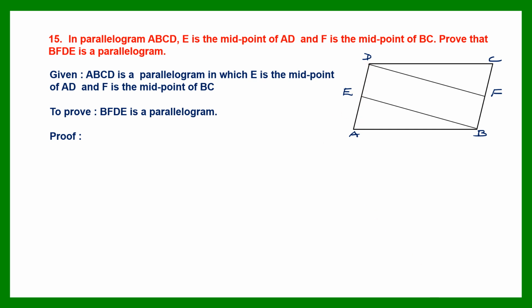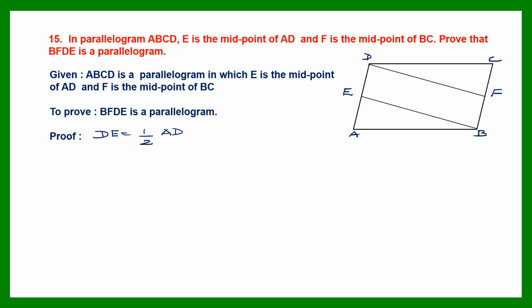So let's write that. DE will be equal to half of AD. The whole line is AD, and because we have the midpoint, DE will be half of it. Similarly, on the other side, since F is the midpoint, BF will be half of BC.